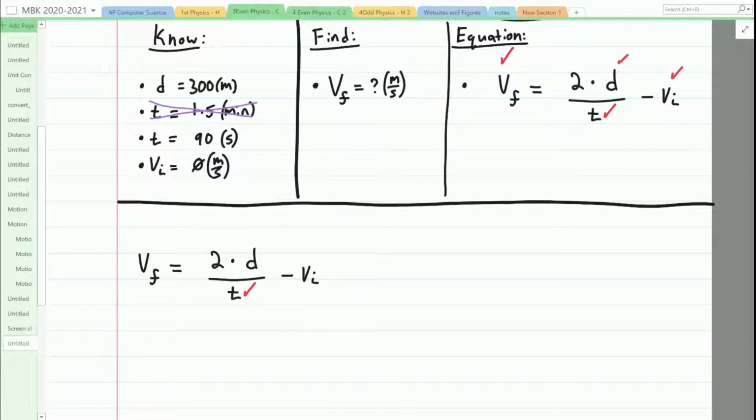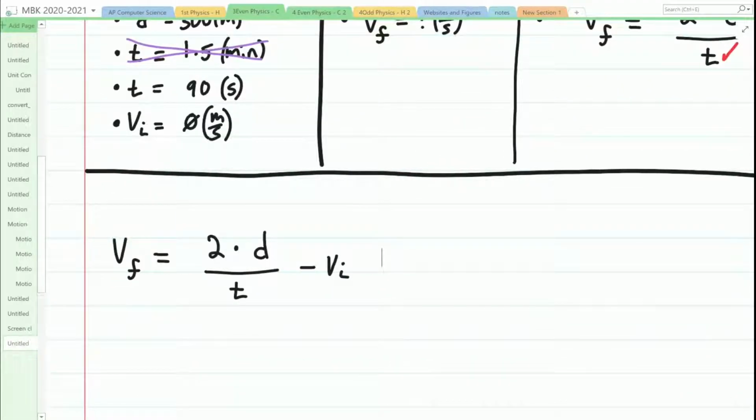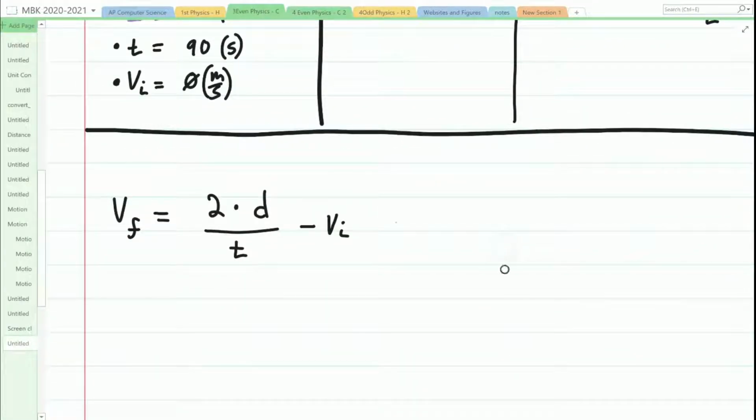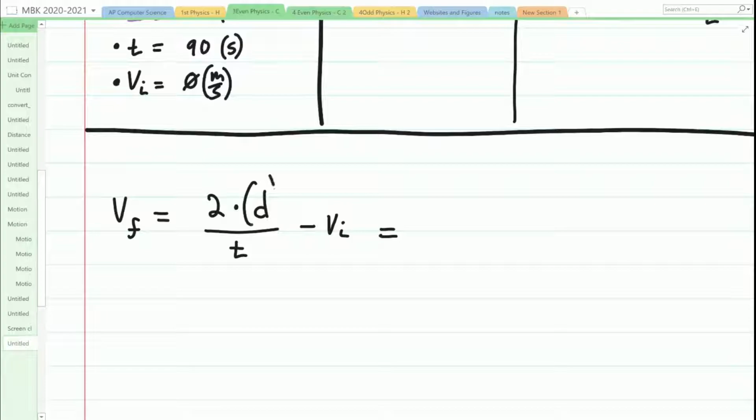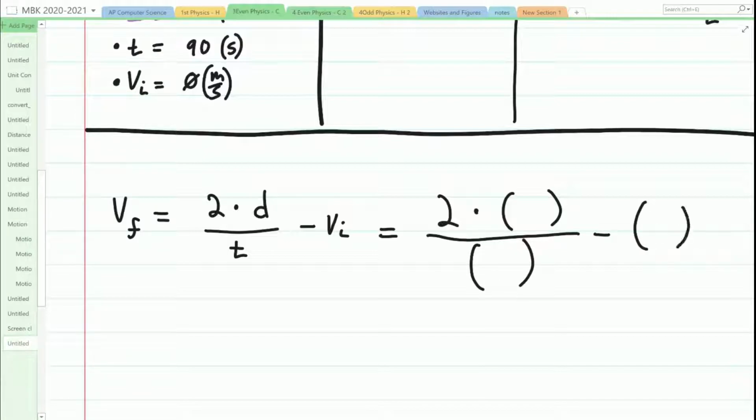By copying it down correctly, it'll save you a lot of grief. Once I've written the original equation, anywhere I've got variables on the right side, I'm going to replace those with empty parentheses. This one is for displacement, this is for time, and this is for initial velocity.